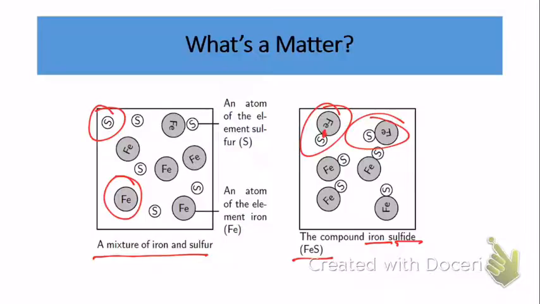And usually you're going to represent in the particle model the correct ratio of the atoms or elements that are in the compound. We'll be using particle models a lot. You're going to be asked to draw them. You're going to be asked to interpret them throughout the year, as well as on exams and quizzes and so forth.